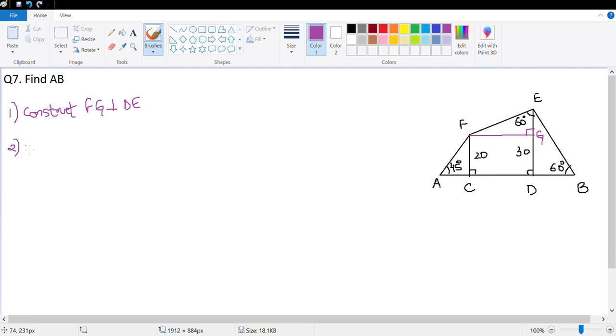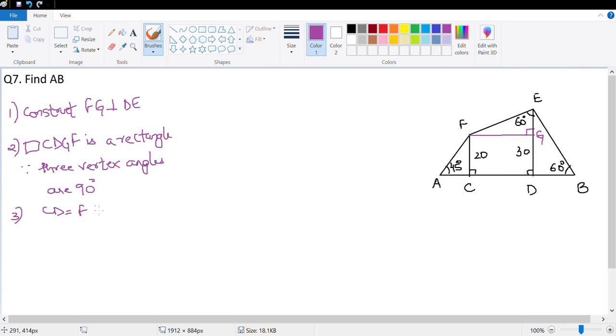Next, quadrilateral CDGF is a rectangle because three vertex angles are 90 degree. What it means is CD is equal to FG. The length of CD is not given, FG obviously is not there.